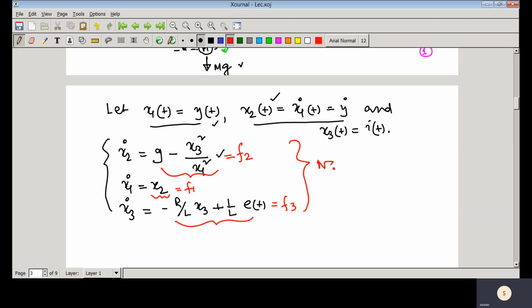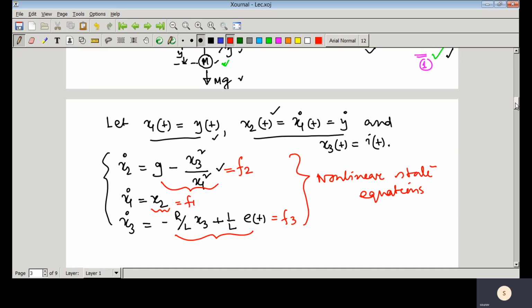So these all are the nonlinear state equations. I hope it is clear why it is nonlinear. You can see here that this is x3 square divided by x1 square. So this term actually makes this system nonlinear.